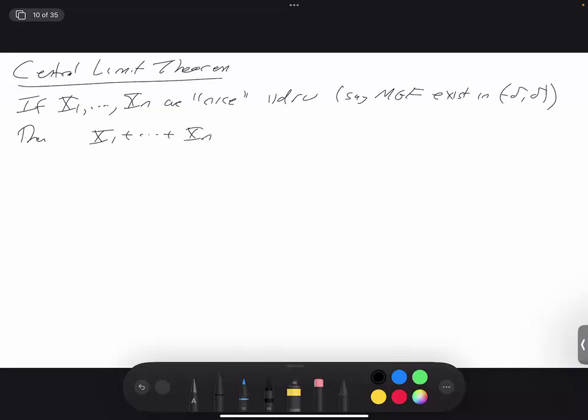So what would you expect the average value of x1 through xn to be? It's n times the mean. So instead of studying the sum, let's study the sum minus n times the mean.